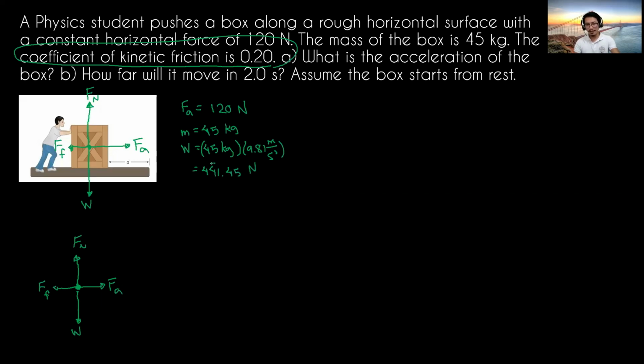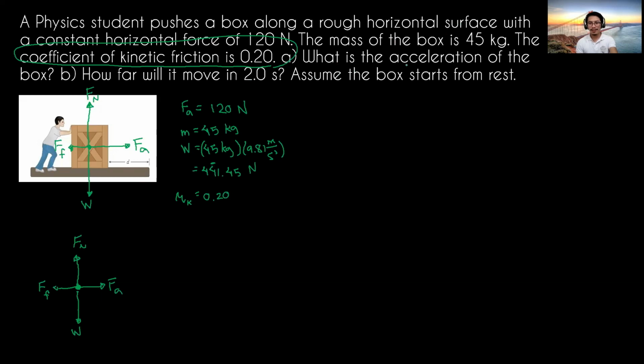Remember the number of significant figures? Dalawa lang. Pero wag mo na i-round off. Hindi pa yan final answer. Initial pa yan. Next, ano pa yung given? The coefficient of kinetic friction is 0.20.